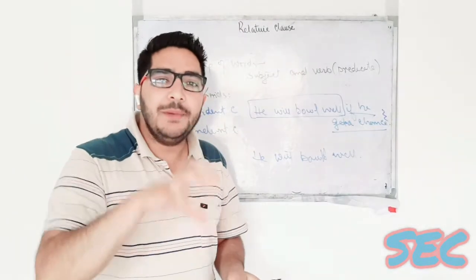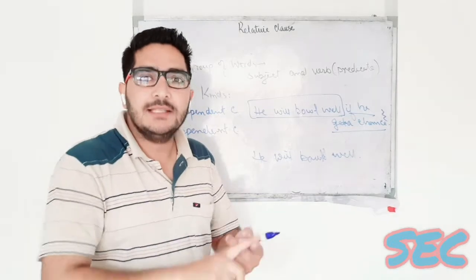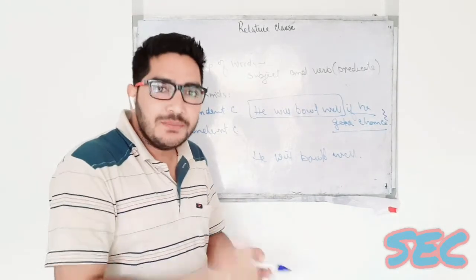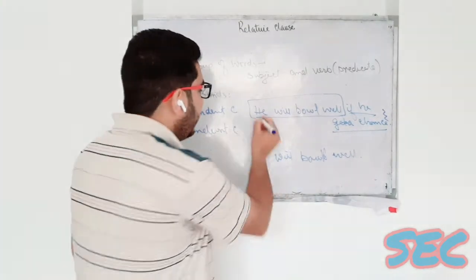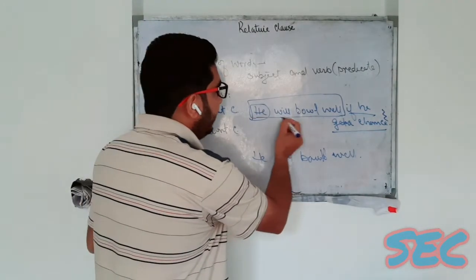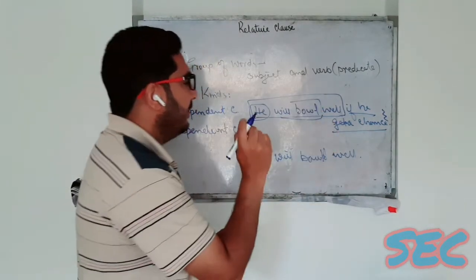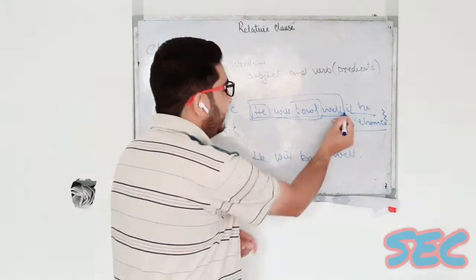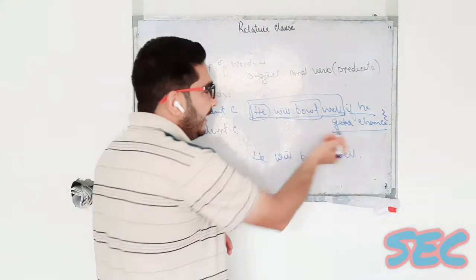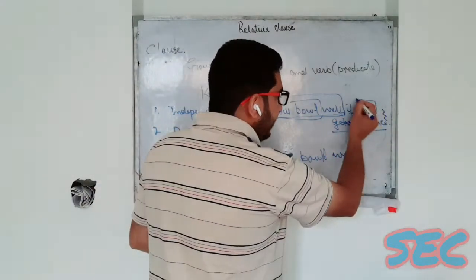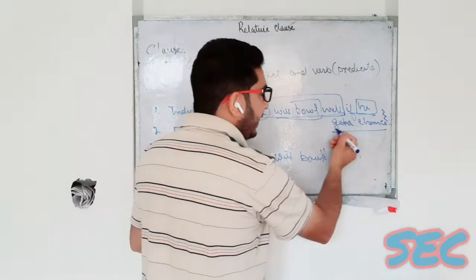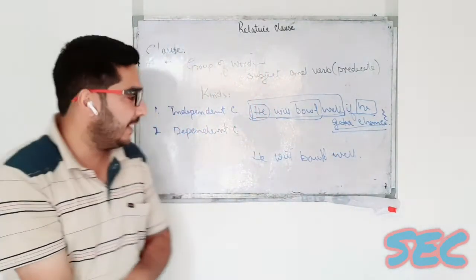So an independent clause is that clause which has a subject and a predicate. This is the subject and this is the predicate, or we can call this the verb. And here we have a dependent clause. In a dependent clause we also have a subject and predicate.